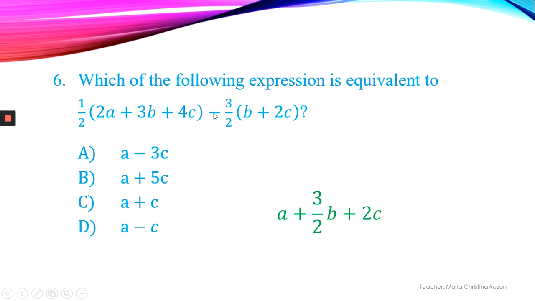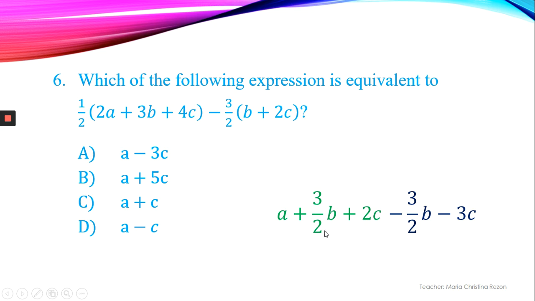And then this expression, we have to distribute that. So negative 3 over 2 times b gives you negative 3 over 2b. And then negative 3 over 2 times 2c is equal to negative 3c.